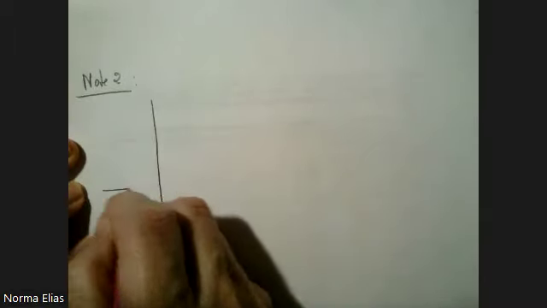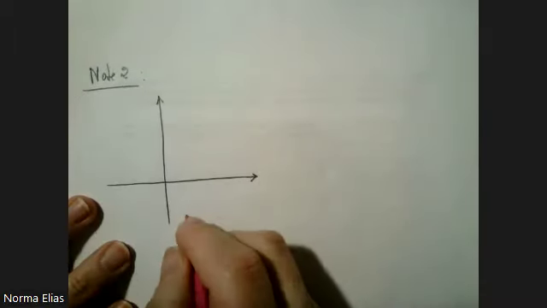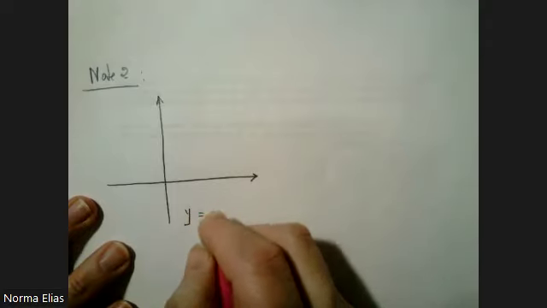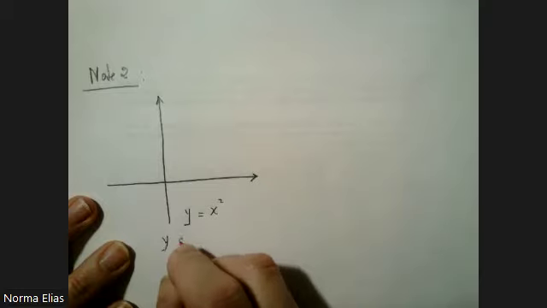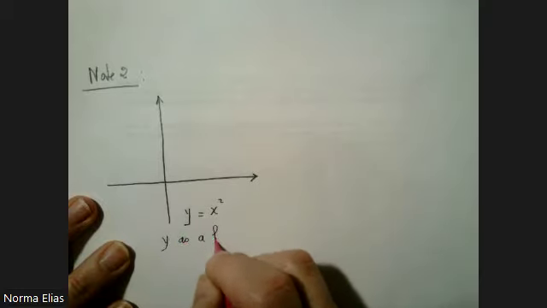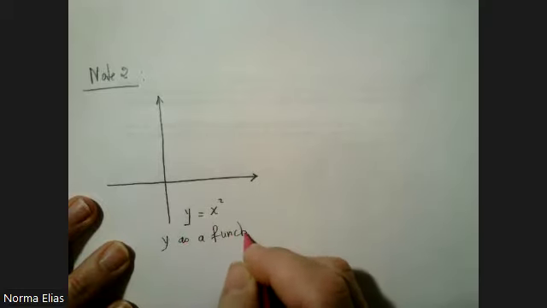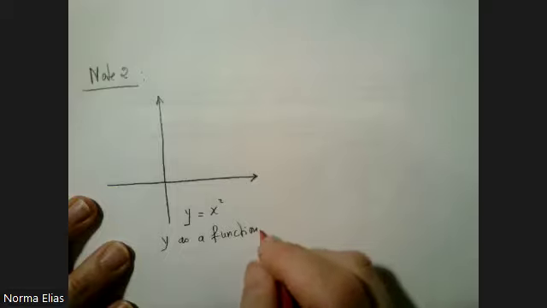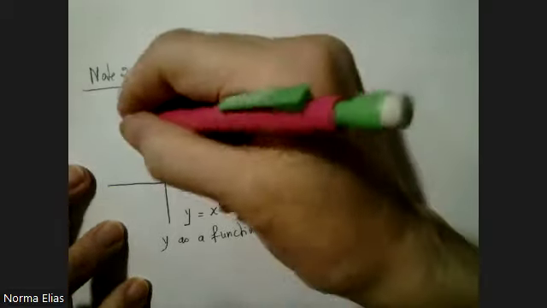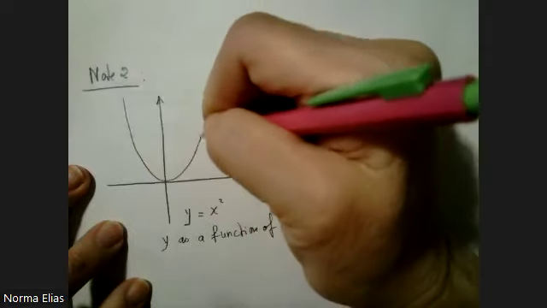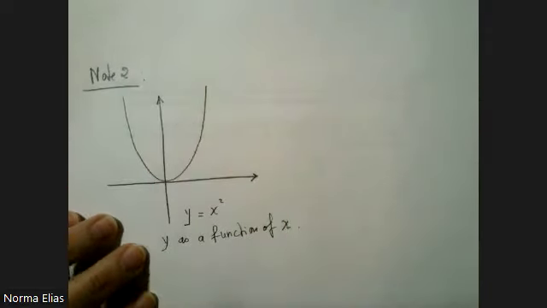Suppose I have a function here, suppose I say y is x squared. It means I'm giving you y as a function of x. If I know x, I know y. If I draw this, we all know how to draw that. So what does it mean? y is a function of x.